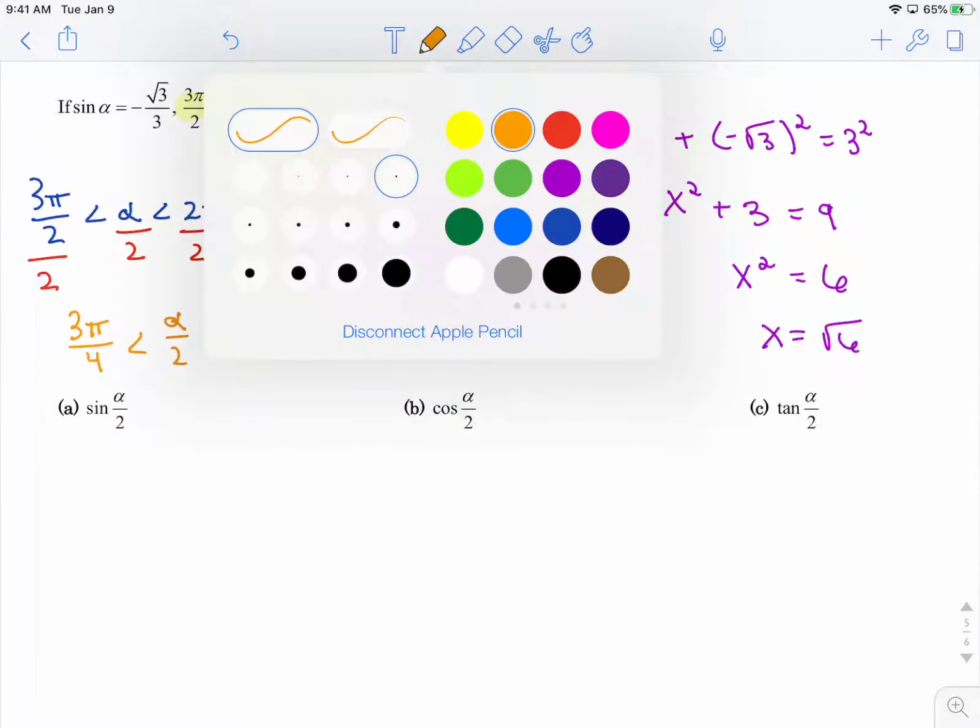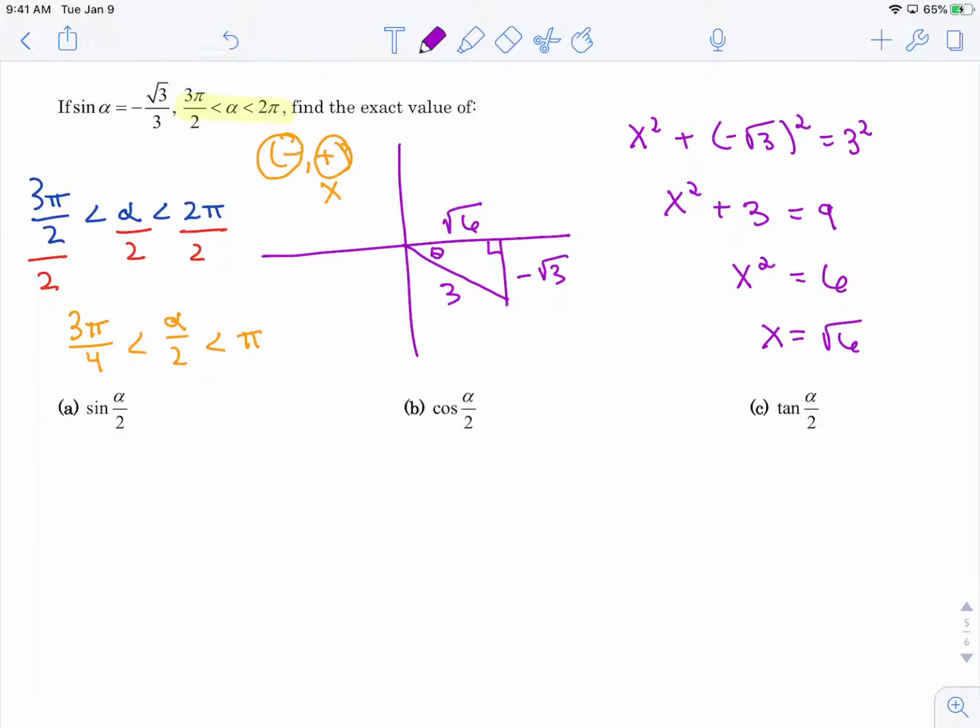And I'm going to go ahead and write out this formula. Sine of alpha over 2, I'm just going to write the exact formula, just so I have something to refer to, is the square root of 1 minus cosine alpha over 2. Hopefully you're okay with this. I am going to choose the positive since I'm in this quadrant.